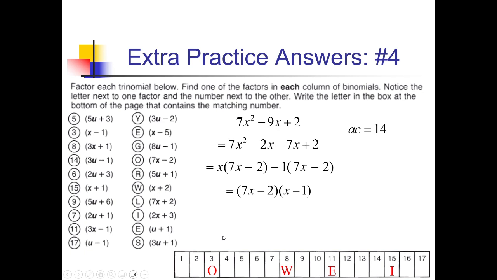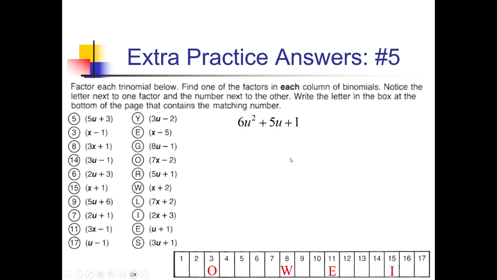On to the next. For number 5, this one actually doesn't really need the AC method, but I'm going to use it anyway. 6 times 1 gives me an AC of 6. And now I need things that multiply to 6 and add up to this middle coefficient of 5. Well, 1 and 6 won't work, but 2 and 3 does. So I'm going to split this up into 2u plus 3u. Factoring by grouping now, first two terms, I can take out a 2 and a u.